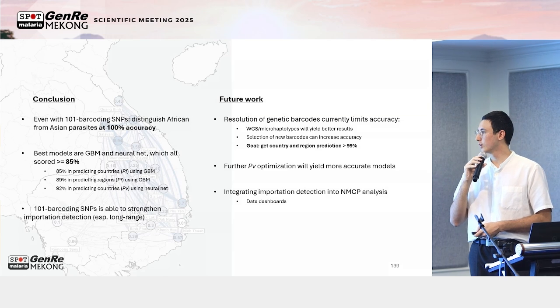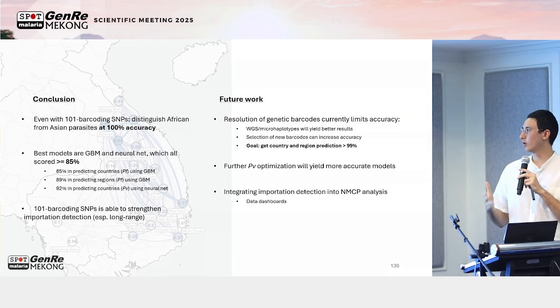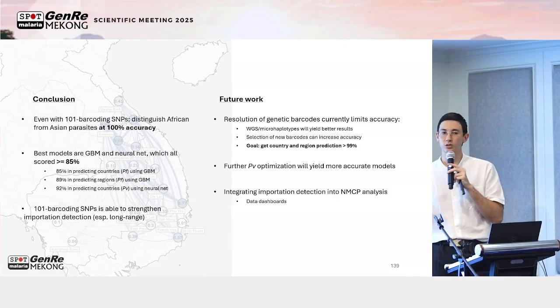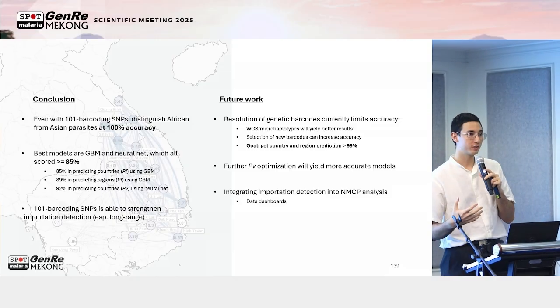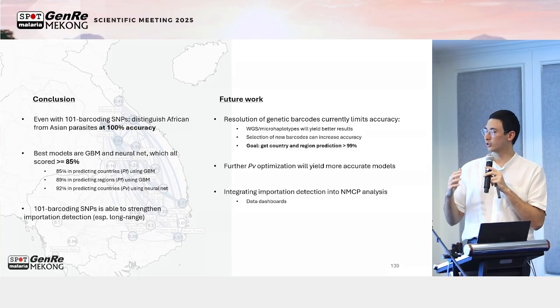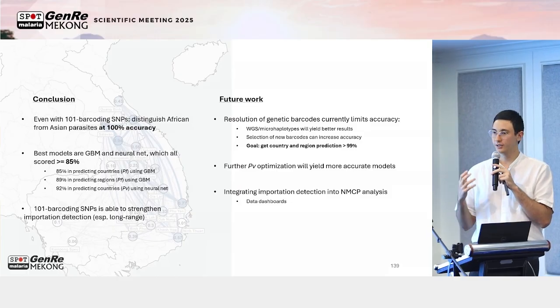So in future work, because of the limited resolution of the genetic barcodes, we're using whole genome sequences and microhaplotypes to train our models, and this will yield better results. Also, selection of new, more differentiating barcodes can increase accuracy as well.